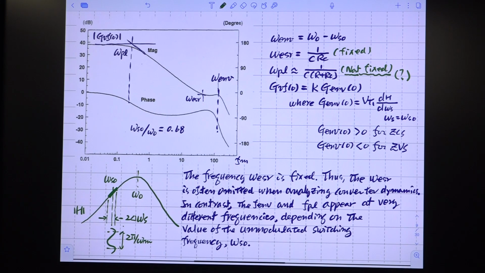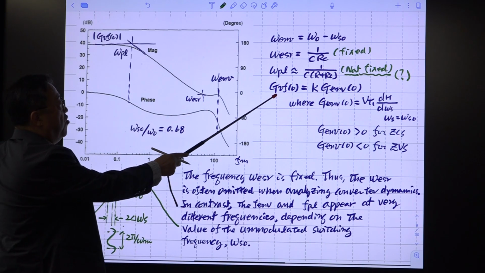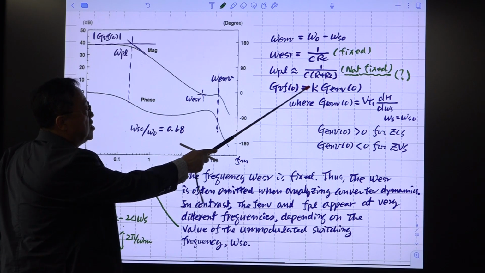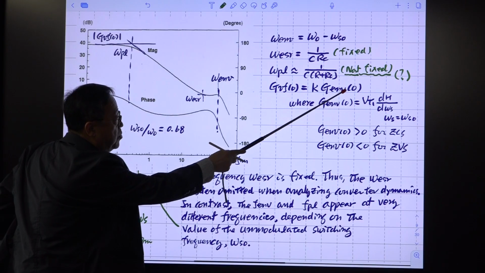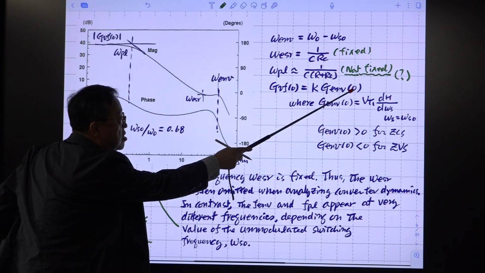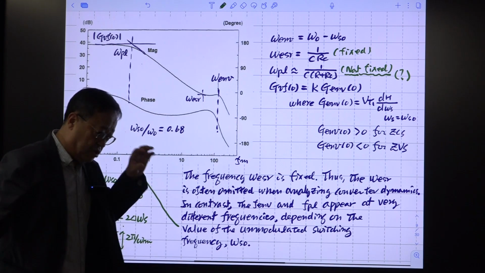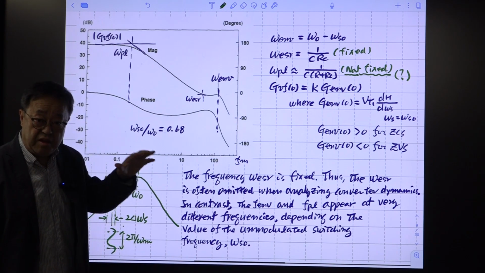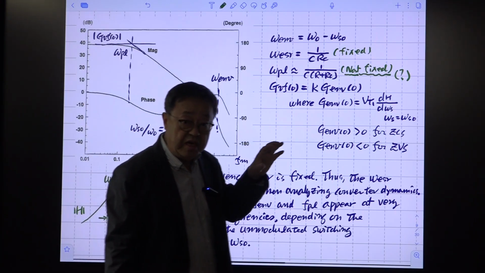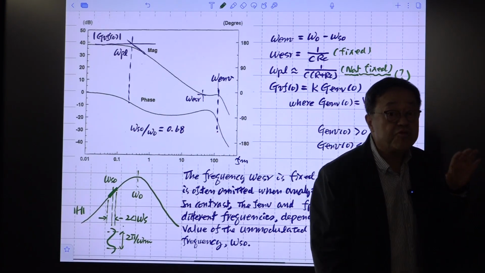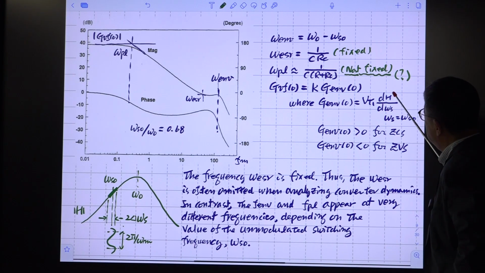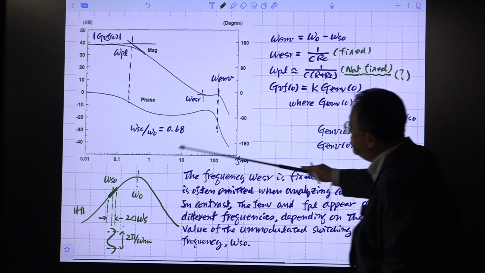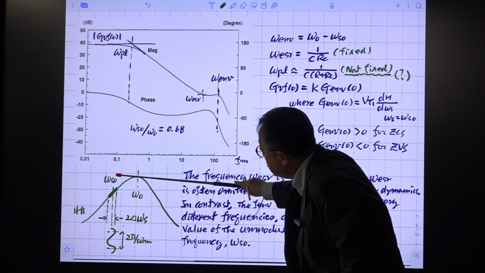And this low frequency gain, GVF0, is some constant times GEMB evaluated at the switching frequency, at this zero. Modulation is gone. So at the unmodulated switching frequency, that becomes just taking the derivative of this H curve, which is proportional to that, right?